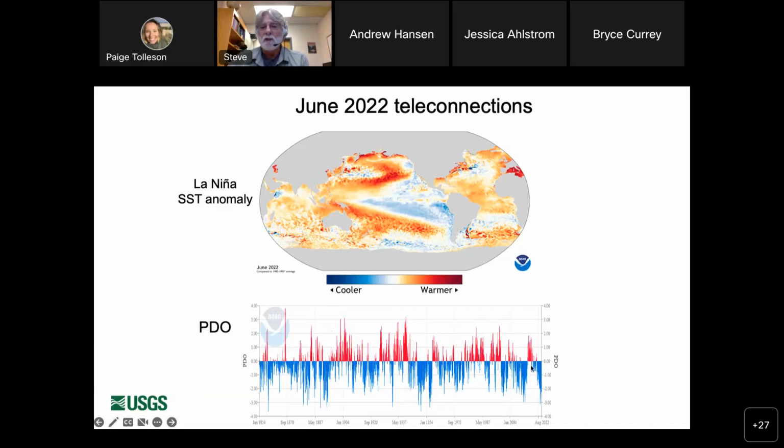You can see that through the spring and the summer of 2022, we're in a pretty negative phase of the PDO, a pretty substantial strong phase, which is, of course, related to La Nina. And these events were in place, and they have a variable effect on the GYE. Sometimes they follow the expected pattern, and sometimes they don't.